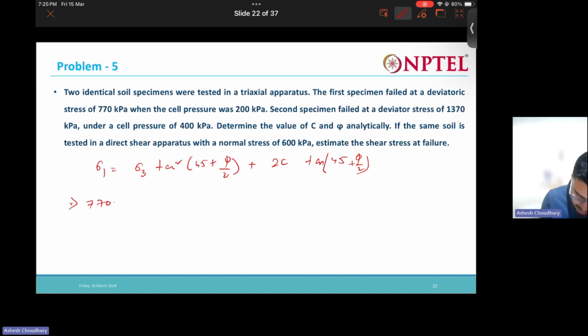So 770 plus sigma 3, so this is one, and what will be the second equation?